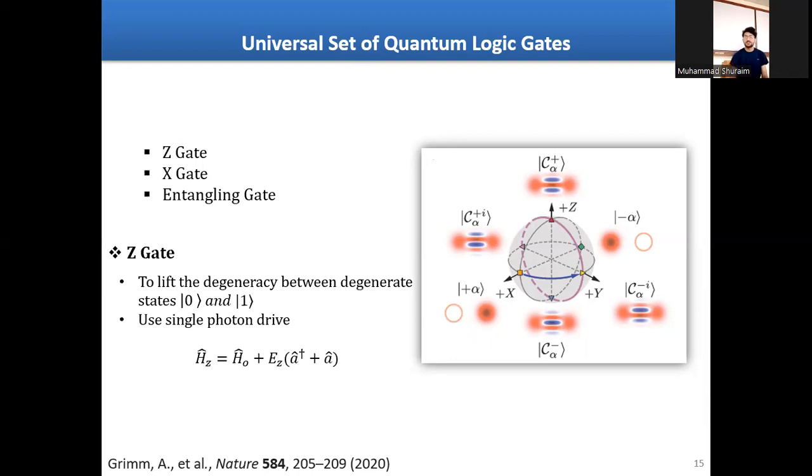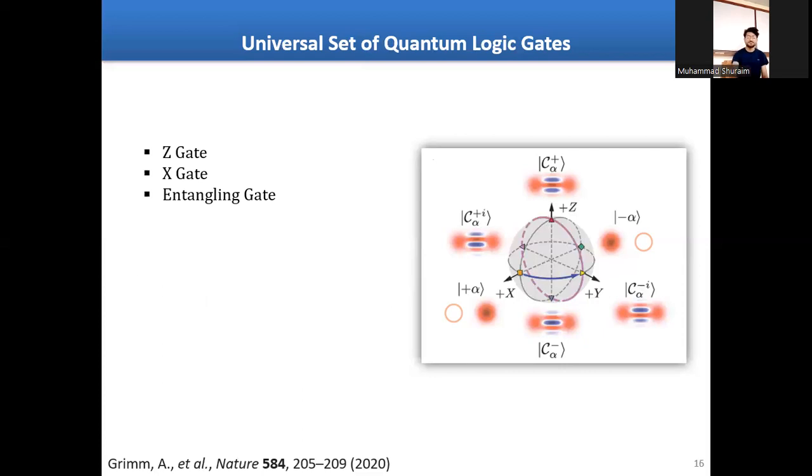For the Z gate, we simply have to lift the degeneracy of those degenerate eigenstates of the Hamiltonian. 0 or 1 here is the even parity cat state and the odd parity cat state. And to lift the degeneracy, we apply an additional single-photon drive, and the Hamiltonian of the Z gate is represented as H_Z equals H0 plus EZ. H0 is actually the two-photon drive Hamiltonian of the Kerr nonlinear resonator, and EZ is an additional single-photon drive.